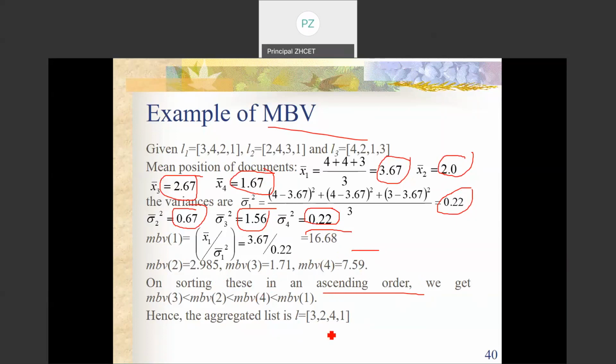Okay, so fine. 3 is coming first, and then MBV2 is 2.985. So MBV3 has the least value, then 2.985, and then MBV4 comes next, and MBV1 comes in the end because it has the highest mean and least variance. That is why it comes out to be the last. So this will be our aggregated list using the mean by variance technique.